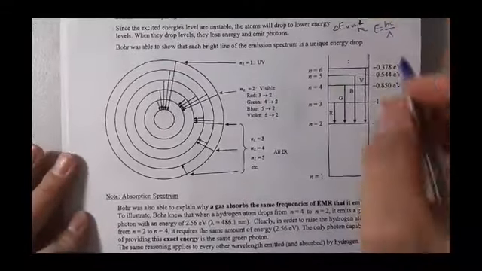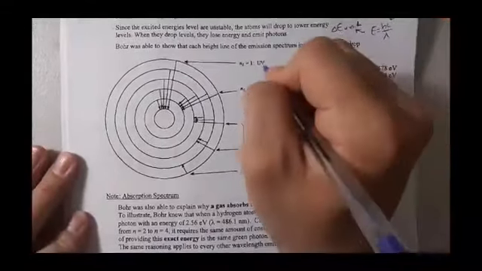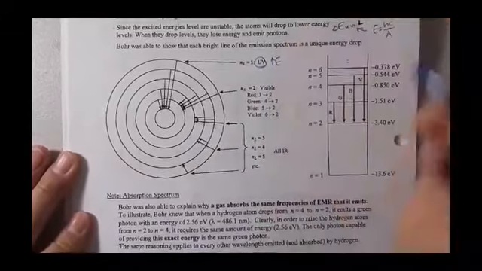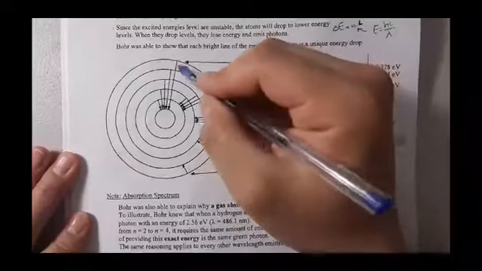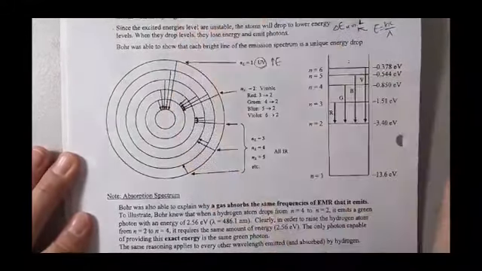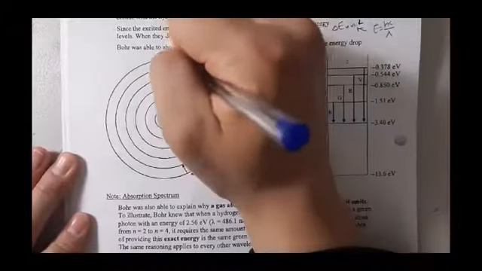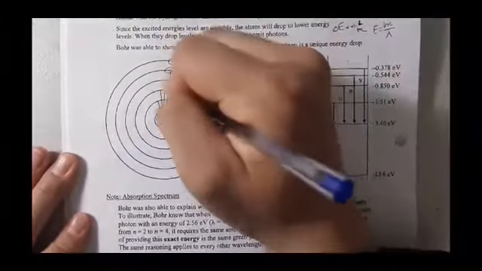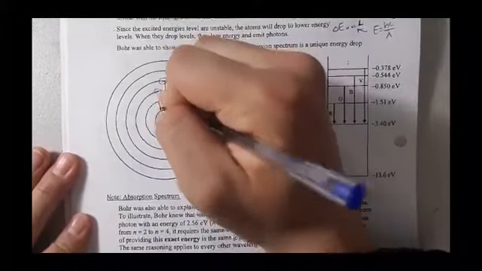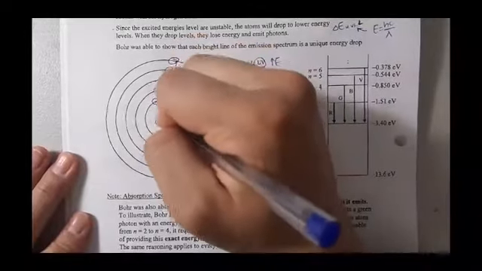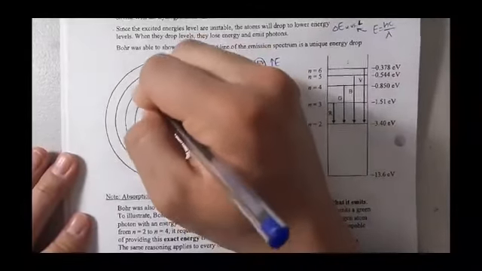Anything that involved, let's start from the bottom, UV light must have the highest energy. So that means it can go from the 1, 2, 3, 4, 5, 6 levels.